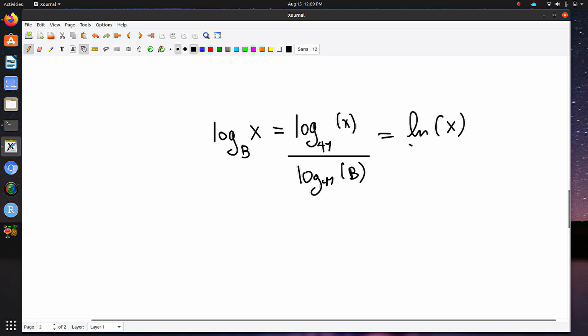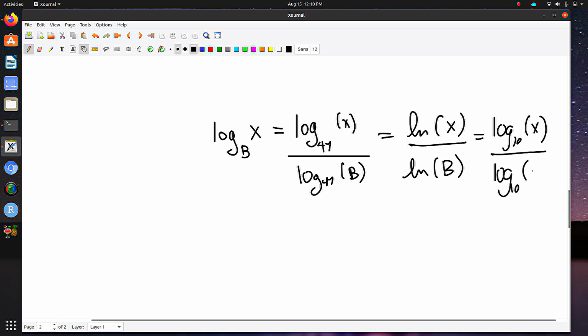log of whatever you wanted to take the log of, and then to convert, you just take the log of the base you wanted. Okay, so if you have log 10 tables floating around, you just use them, and then you just take the log you need and then divide by the log of the base you really wanted. Okay, so that's a fun trick.